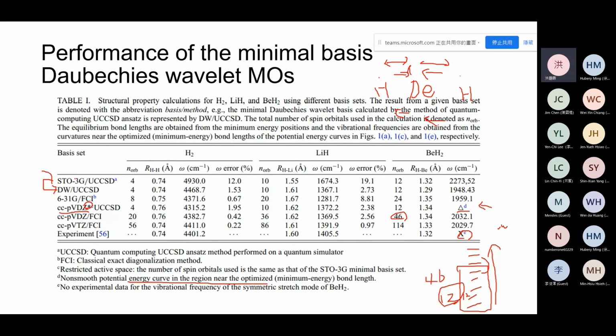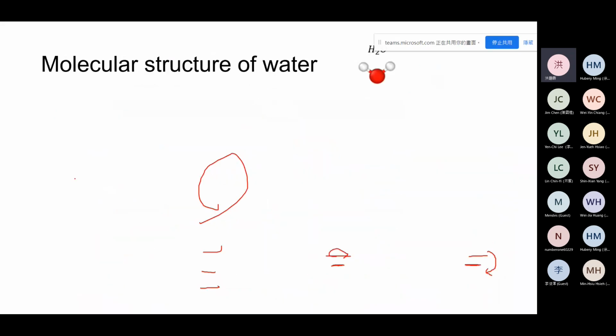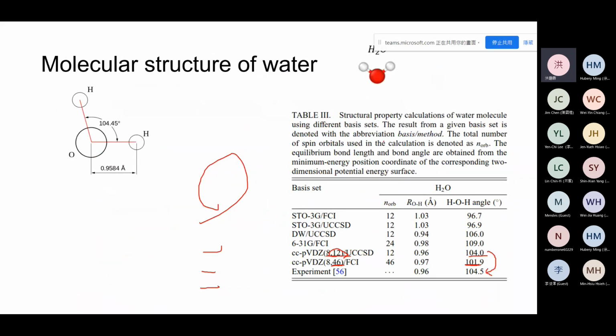But in this work, to reduce the pseudopotential effect for larger molecules, such as the water molecule, we have the frozen core approximation. That is, we freeze the core orbitals, so the pseudopotential effect and the all-electron core potential effect can be temporarily neglected. So we only cover the upper orbital effect. Okay, I see. Thank you.